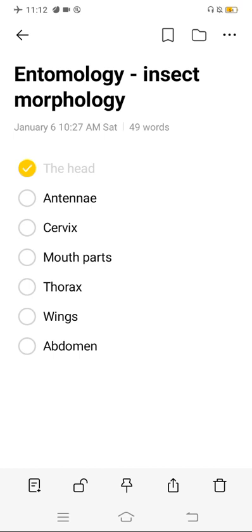Okay. And next is about the tentorium. And later we will be mentioning some important aspects related to antennae, and then some portions related to the cervix or neck region. Okay, so let's learn about tentorium.